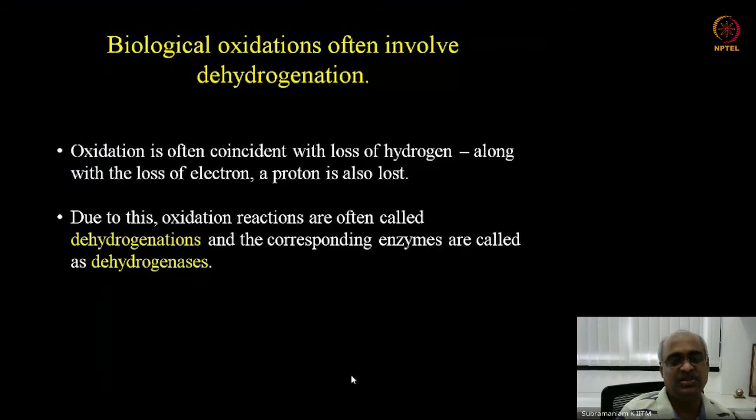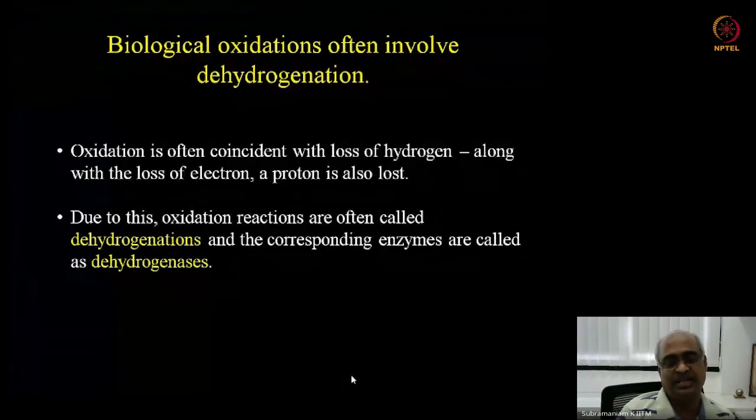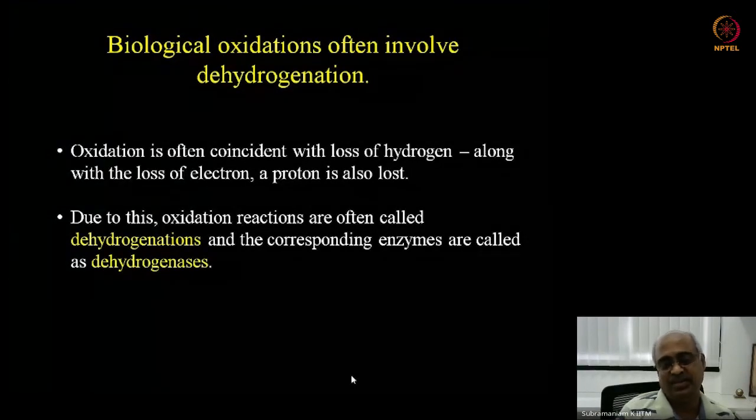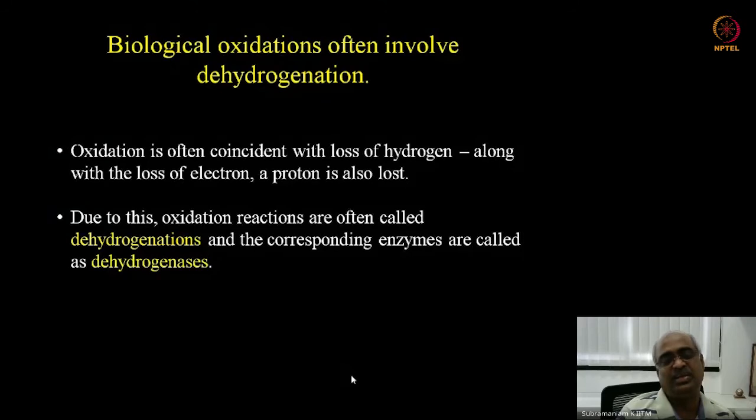Okay, so it's usually an electron along with a proton. Okay, so the proton concomitantly being lost, we don't pay attention here. We pay attention primarily to electron because that is where the difference in affinity for electron is, where we get this EMF. We get that free energy. So it usually happens as a loss of hydrogen.